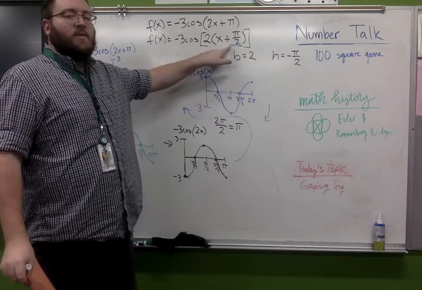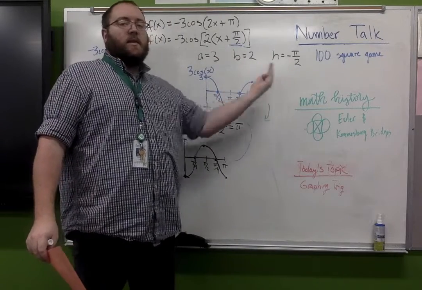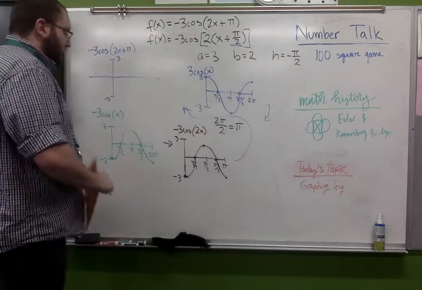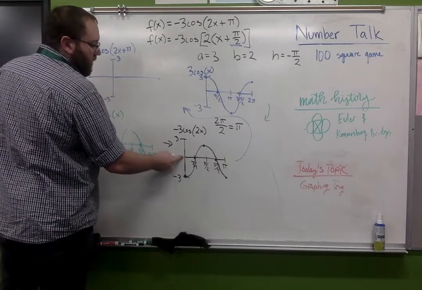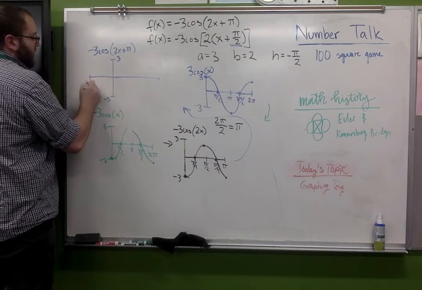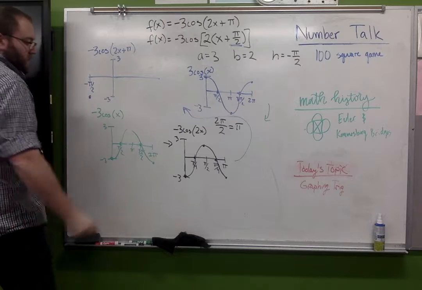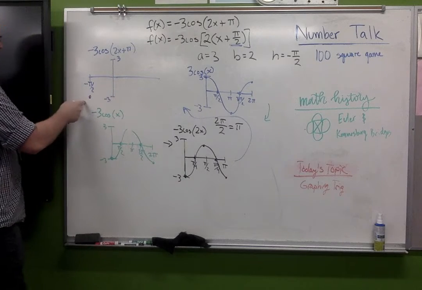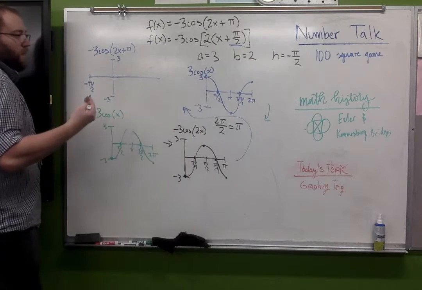Now that's what's inside, so we're going to do the opposite operation, so we're going to go negative pi over 2. So we're shifting everything to the left, pi over 2. Well, here at 0, I start at 0, so 0 minus pi over 2 is negative pi over 2. I'm down at -3. So I took this point, shifted over pi over 2. Pi over 4 shifted over pi over 2.